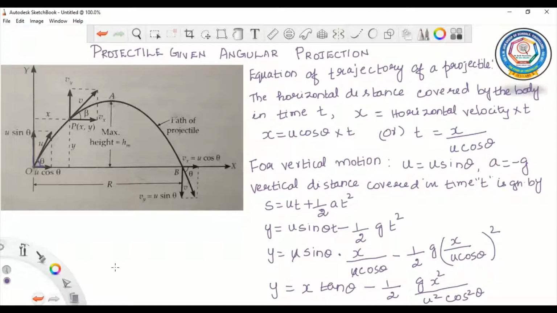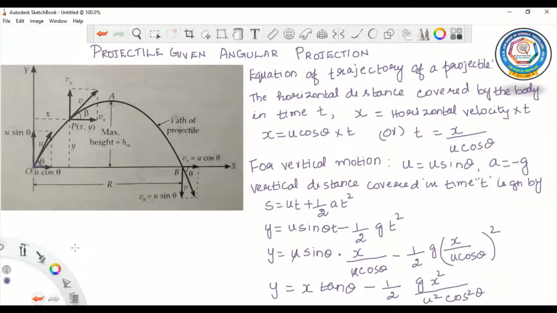Here we are going to consider tan theta as p, and similarly g divided by 2 u square cos square theta will be taken as q.